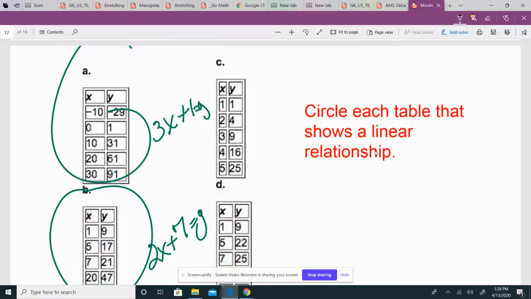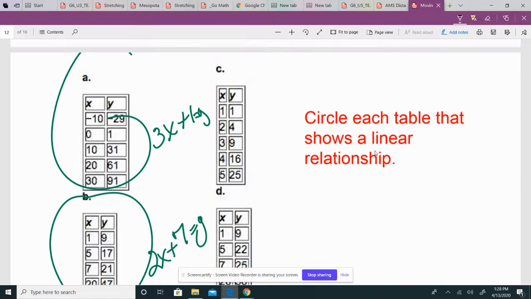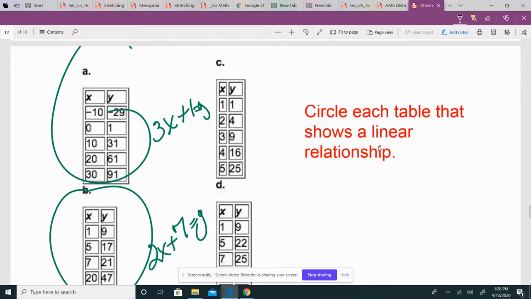So in this, it says to circle the tables that show a linear relationship. And the tables that show a linear relationship in this particular scenario are negative 10, 0, 10, 20, 30, negative 29, 1, 31, 61, 91, A.